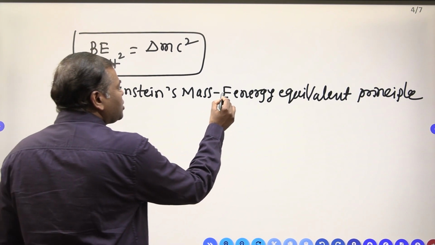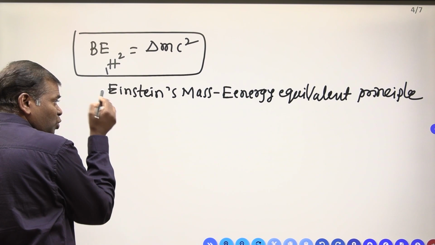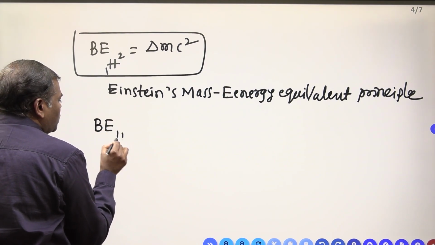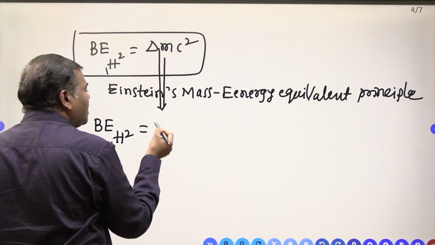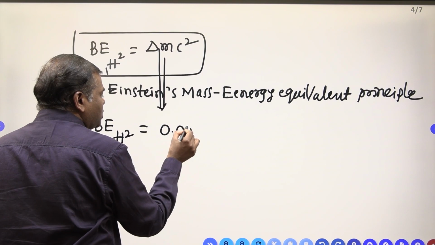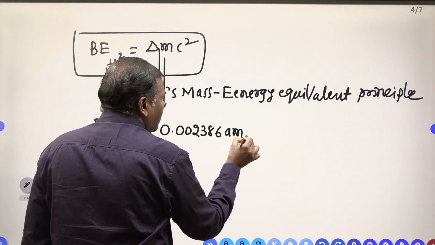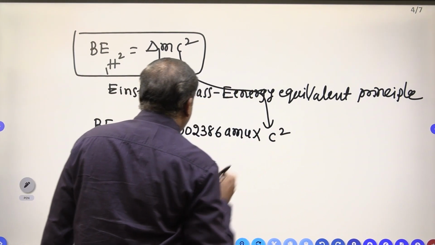In this principle, the binding energy of the deuteron is equal to the mass defect we are getting, 0.002386 AMU, into C square you have to take.